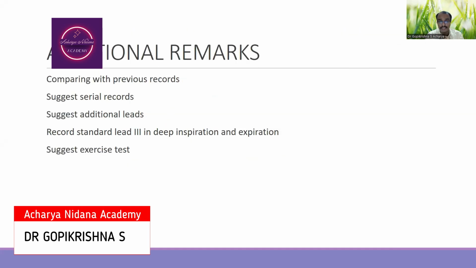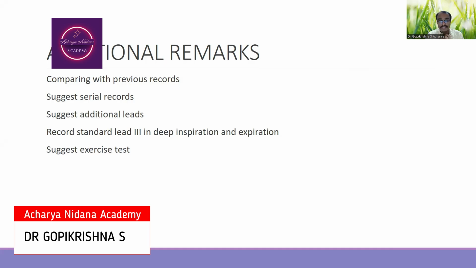And additional remarks. When you think about additional remarks, we have to compare with the previous records, and by looking into that, we have to suggest serial records. Specifically, in a person suffering from myocardial infarction, we are going to repeatedly record the electrocardiogram.